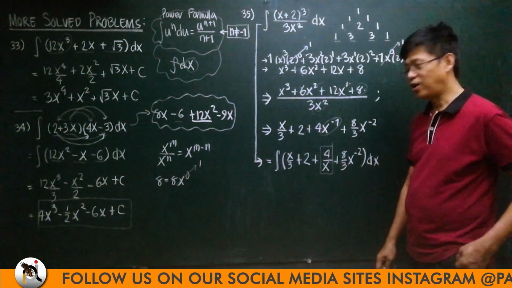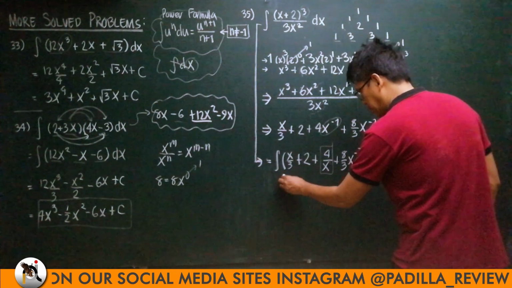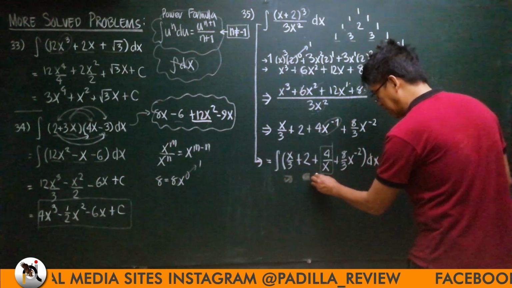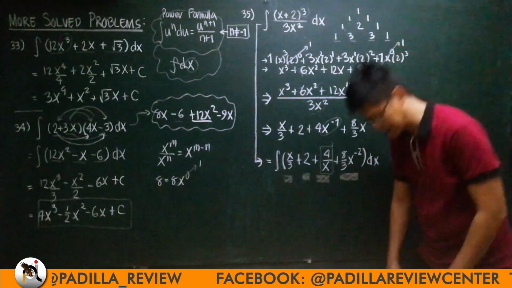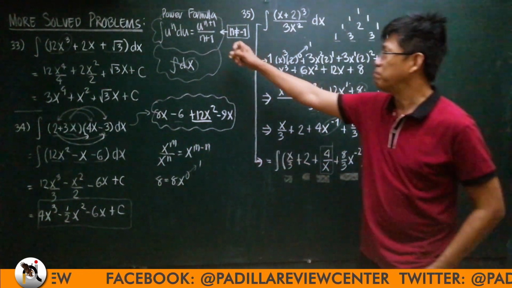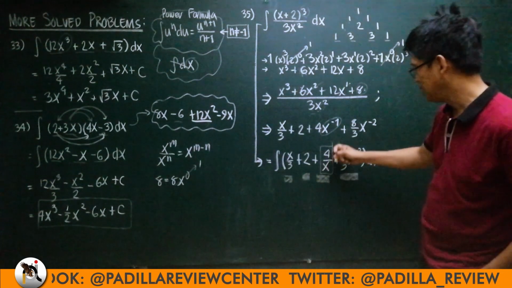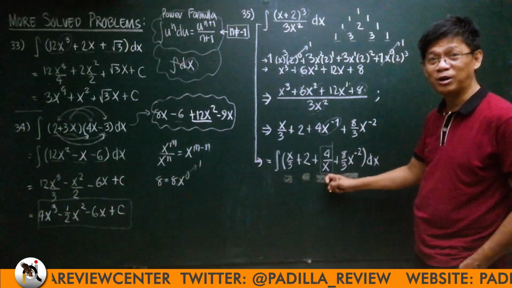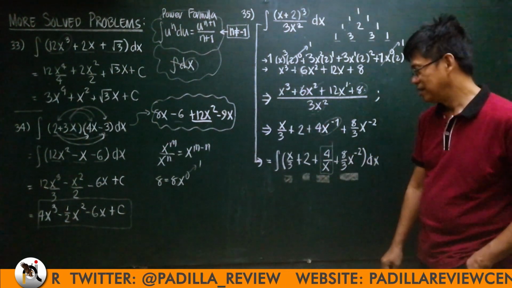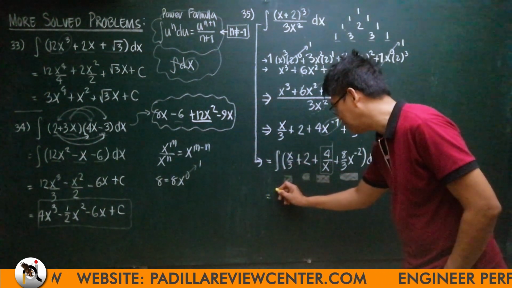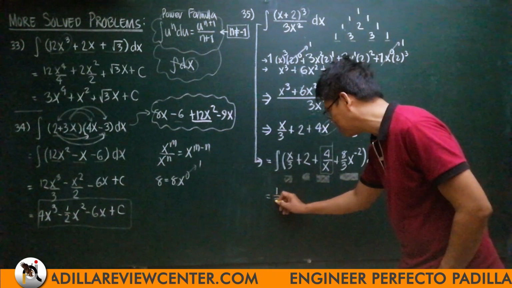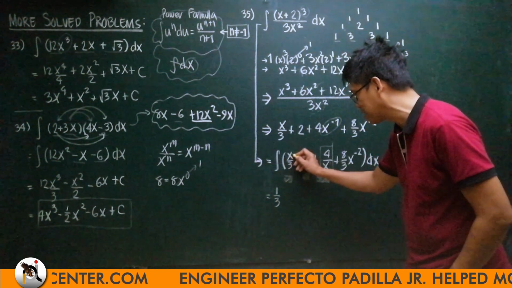Okay? So these are independent expressions and power of x. So we use power formula except for this term. Okay? Where we will use ln. So this is going to be integral of x over 3. We factor out the 1/3 first. This is the same as 1/3 of x.